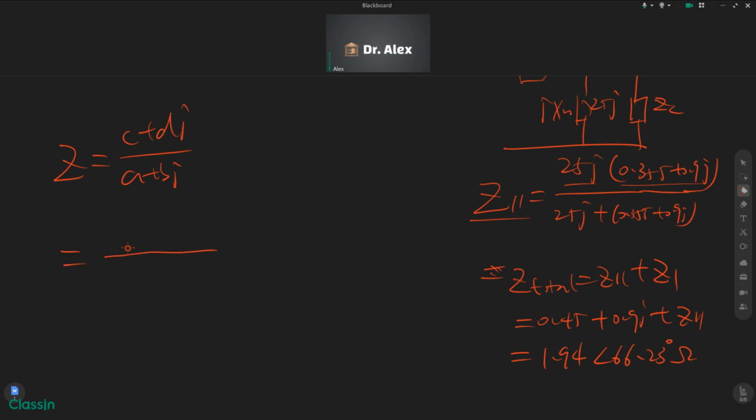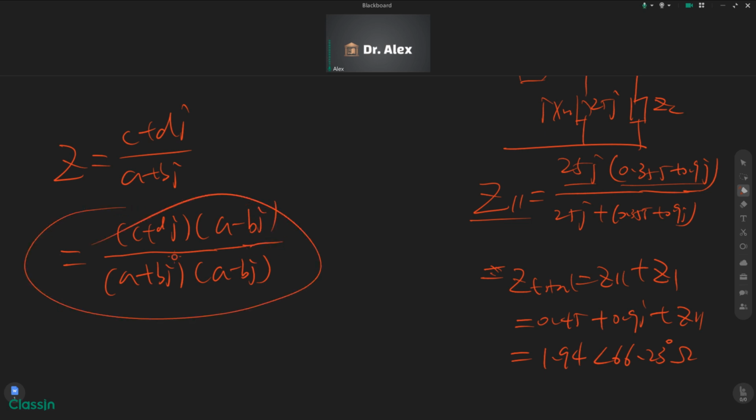Multiply by the complex conjugate, so a plus bj times a minus bj. We just simplify this equation, and we can get the expression for the complex number.